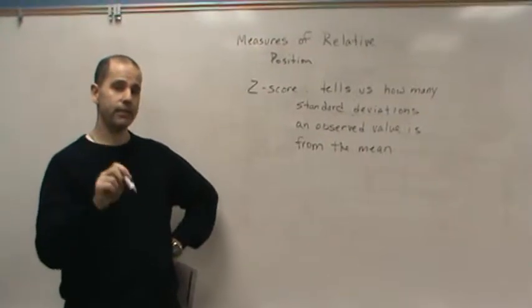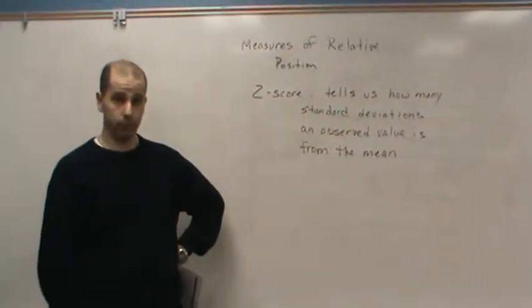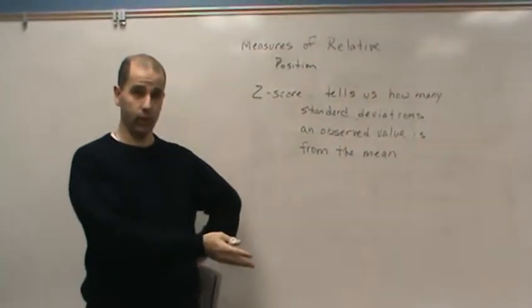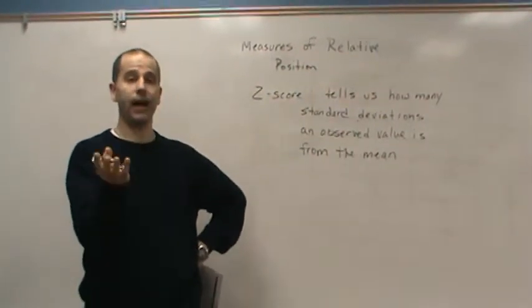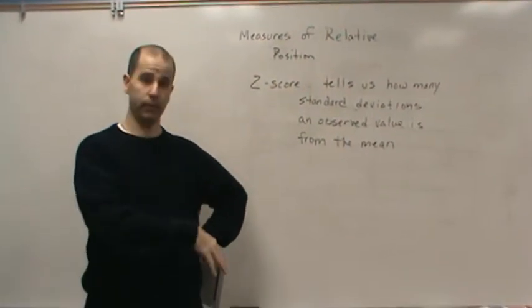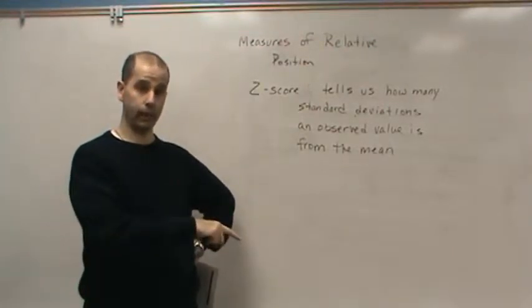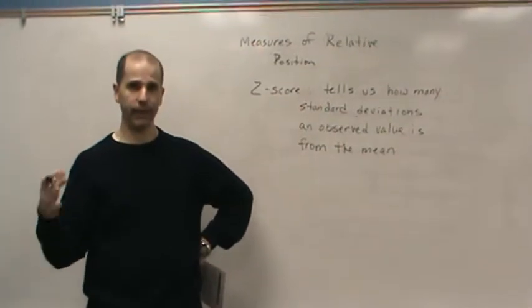If I look at a z-score of negative 1.35, the observed value is 1.35 standard deviations below the mean. So if it's a negative value, you're below the mean. If it's a positive value, you're above the mean. And that's what the z-score is.